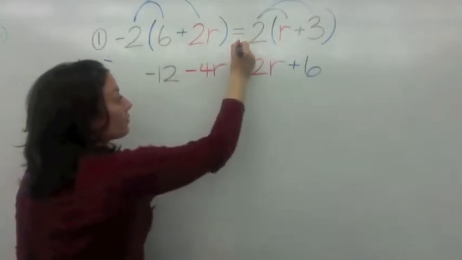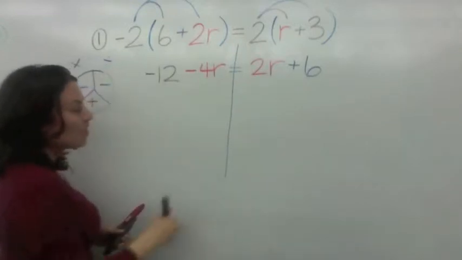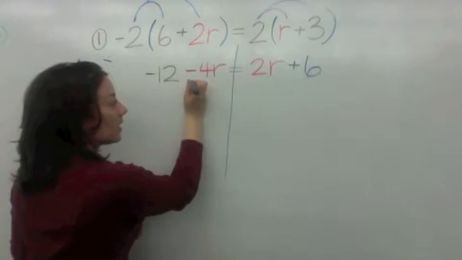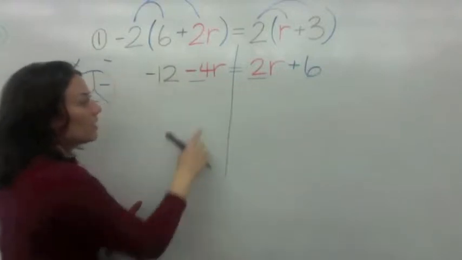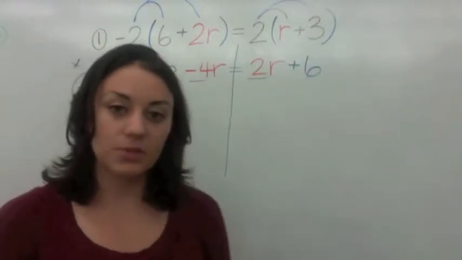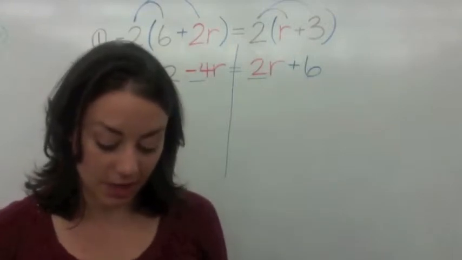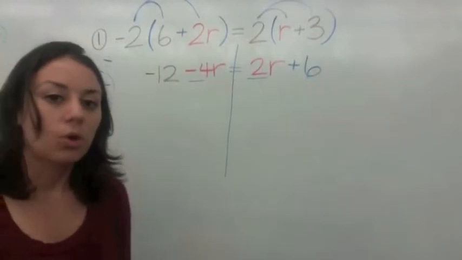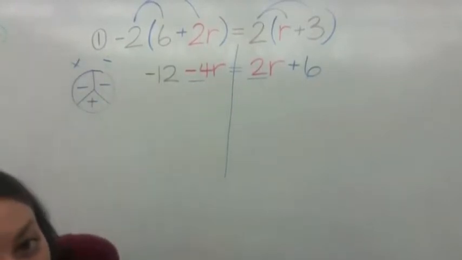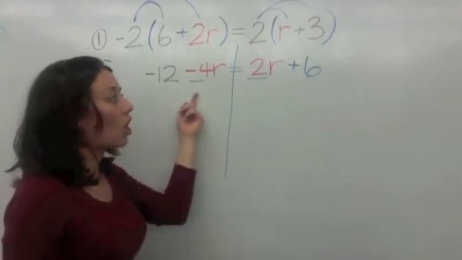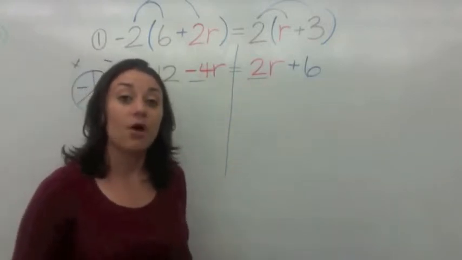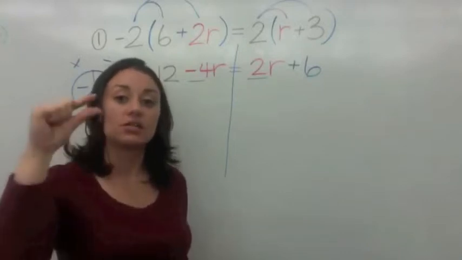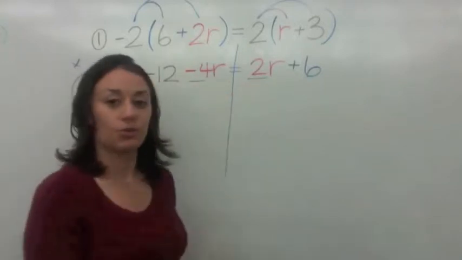Now you're going to make your first T. Remember you have to underline the terms. The terms are going to have a letter next to them. So which family are we looking at? We're looking at the r family. So we have -4r and 2r. Ask yourself, which coefficient is smaller, -4 or 2?